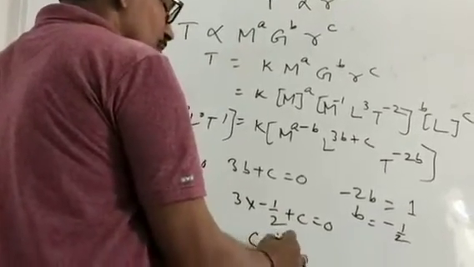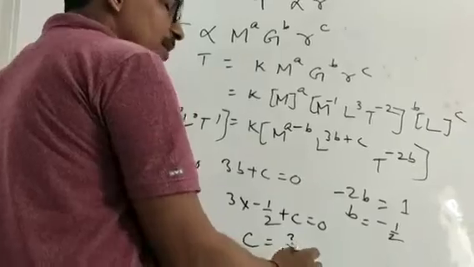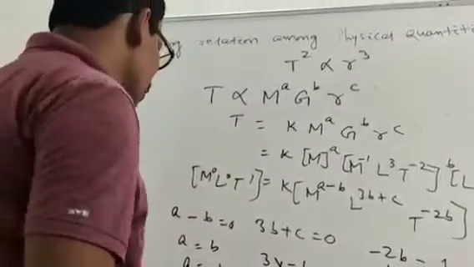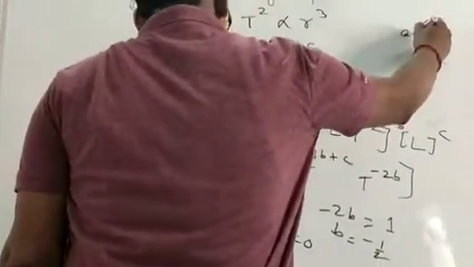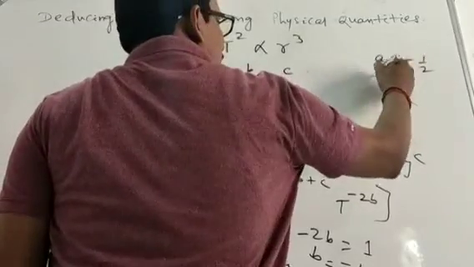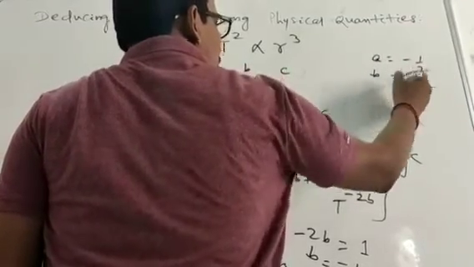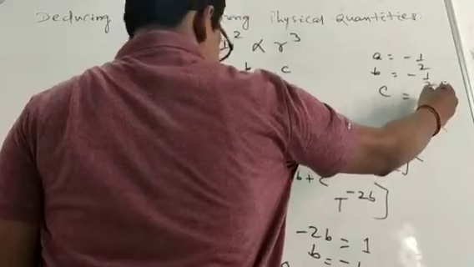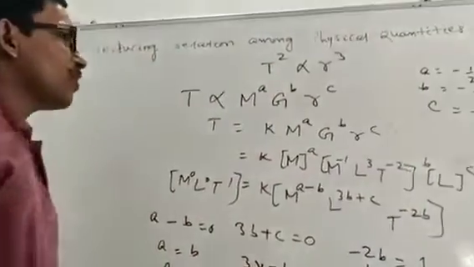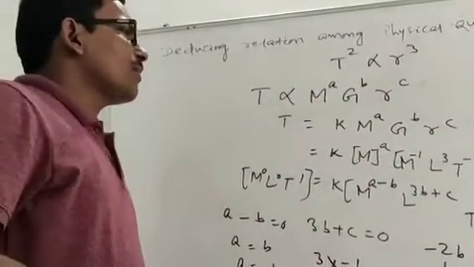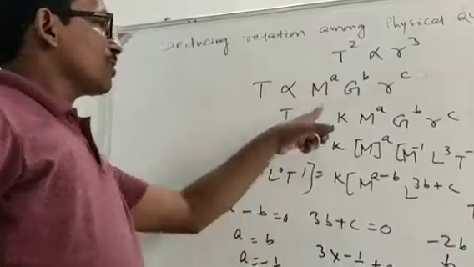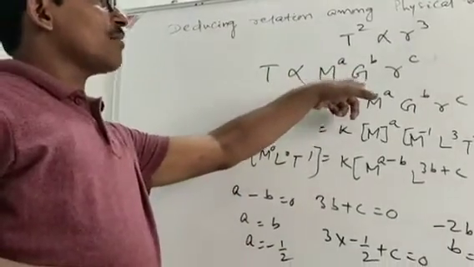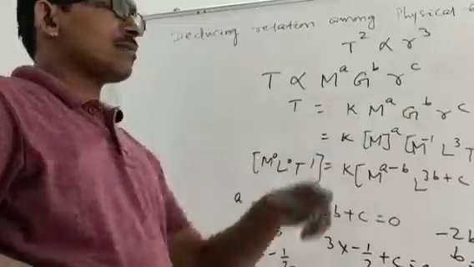So c equal to 3 by 2 after solving. So after solving, what have you got? a equal to minus 1 by 2, b is equal to minus 1 by 2, c equal to 3 by 2. Now you have got the powers of mass, gravitational constant and radius.